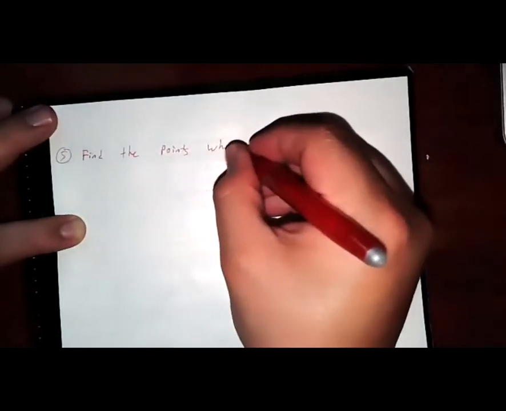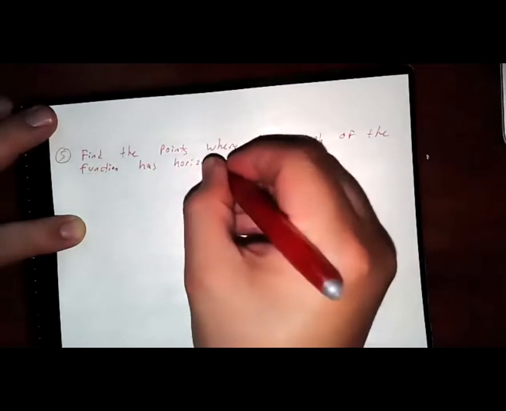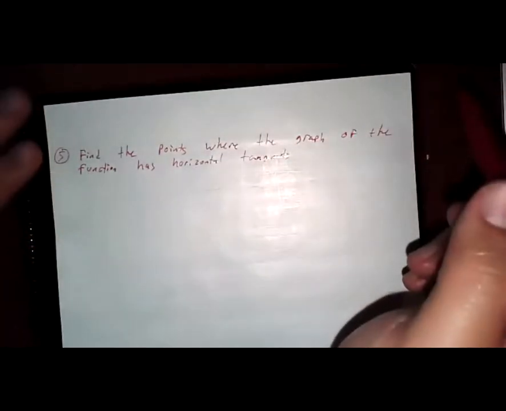Find the points where the graph of the function has horizontal tangents. So basically that means whenever you have a peak or a valley, right? So the way you find these is to make the derivative equal to 0 and solve for x. That's it. So here is the function they gave us.